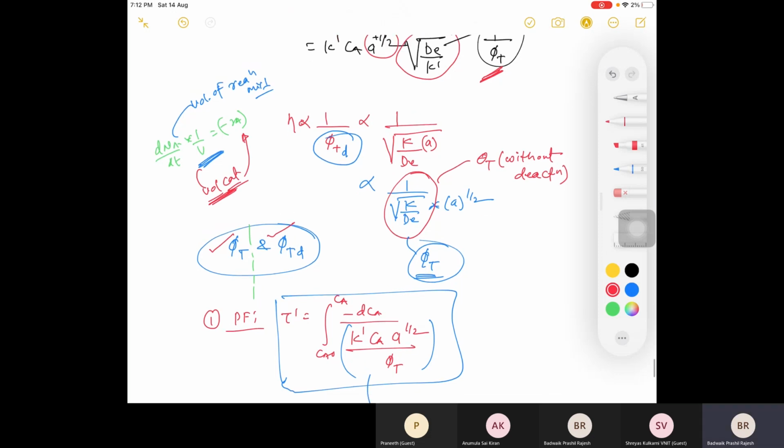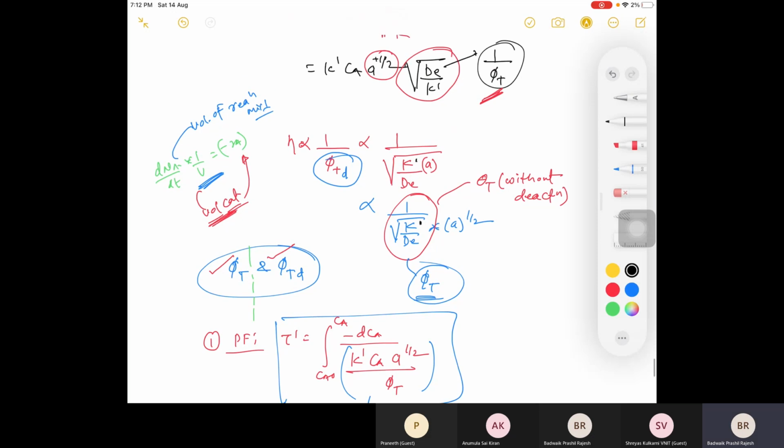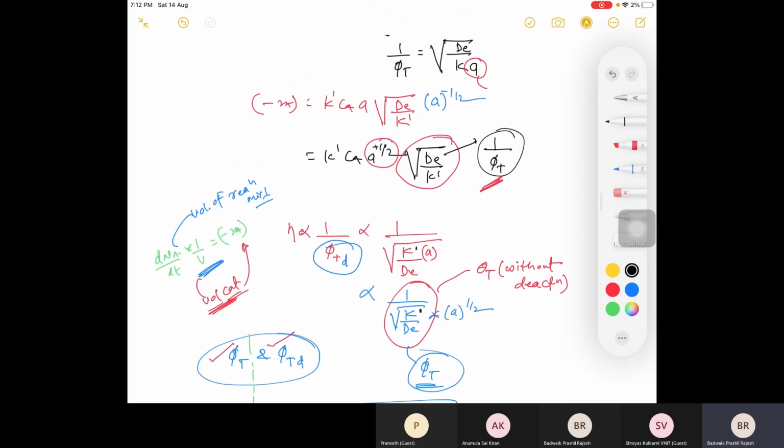And since I have defined it as volume of reaction mixture, there will be a dash. It depends on what assumption you are taking at the initial stage when you are defining the rate. Based on that it will change, otherwise it may be the same.